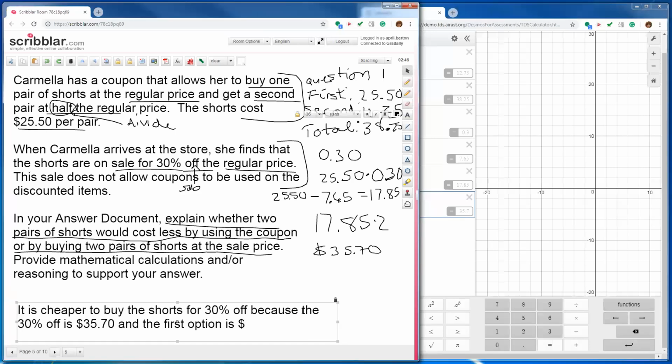And you can probably get a general idea of what it's going to be, but without the supporting steps, you're not going to get very many points. A problem like this, they usually give you levels of points. If you have a little bit, they'll give you 1 point. If you have the whole thing, 2. Sometimes they're up to like 4 points. It depends on the complexity of the question. So just make sure you make that final statement of which one is cheaper, because they're looking for that reasoning.